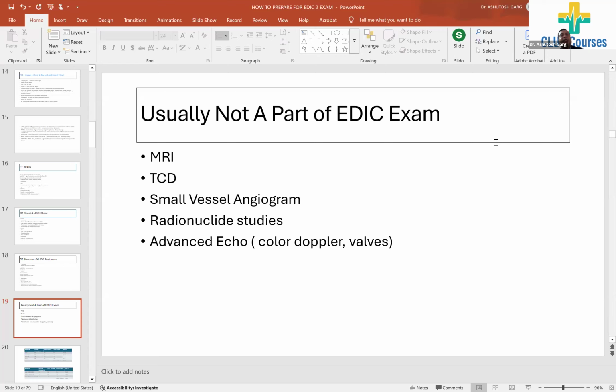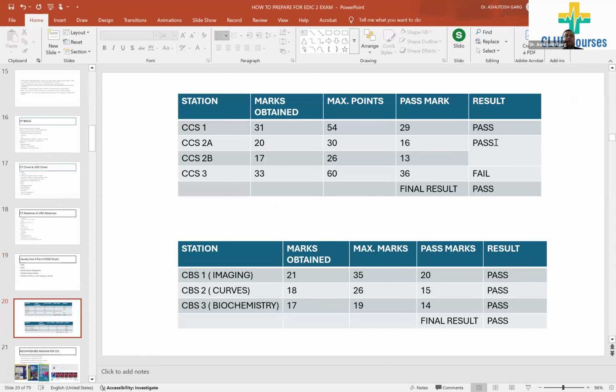No need to prepare for these topics. If this type of thing is given in the exam, you can very well interpret what they are asking. So no need to practice for MRI, TCD, small vessel angiogram, radionuclide studies or some advanced echo.